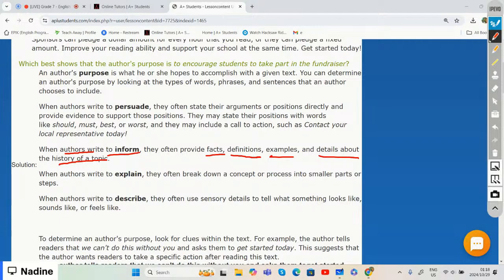All right. So we see that when an author tries to inform us about something, he provides facts, he provides definitions, he provides examples, and he also gives us details about the history of a topic.